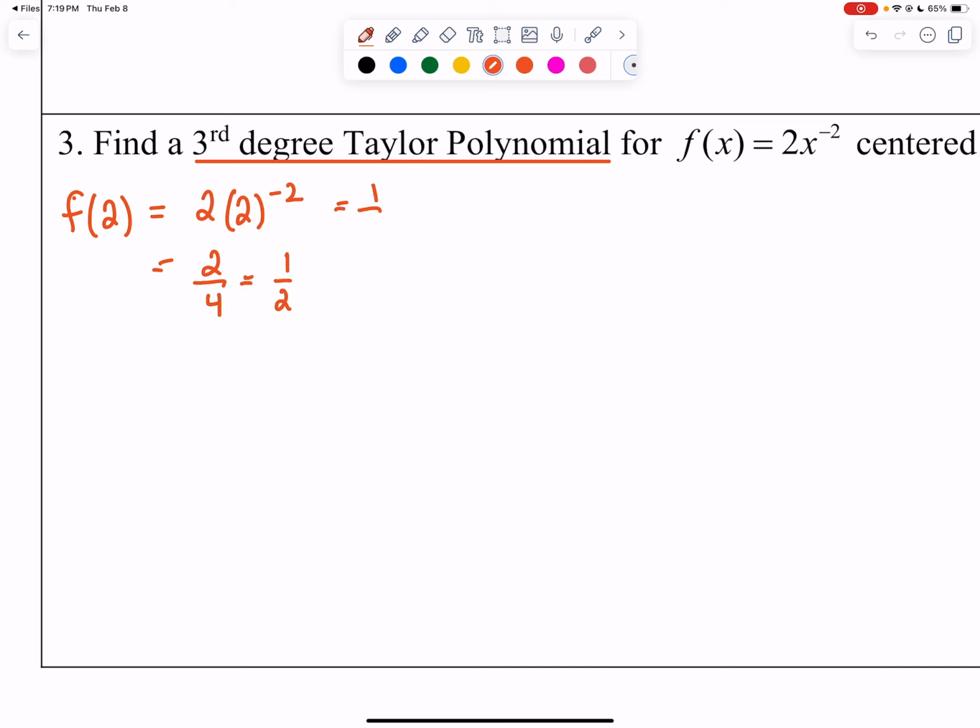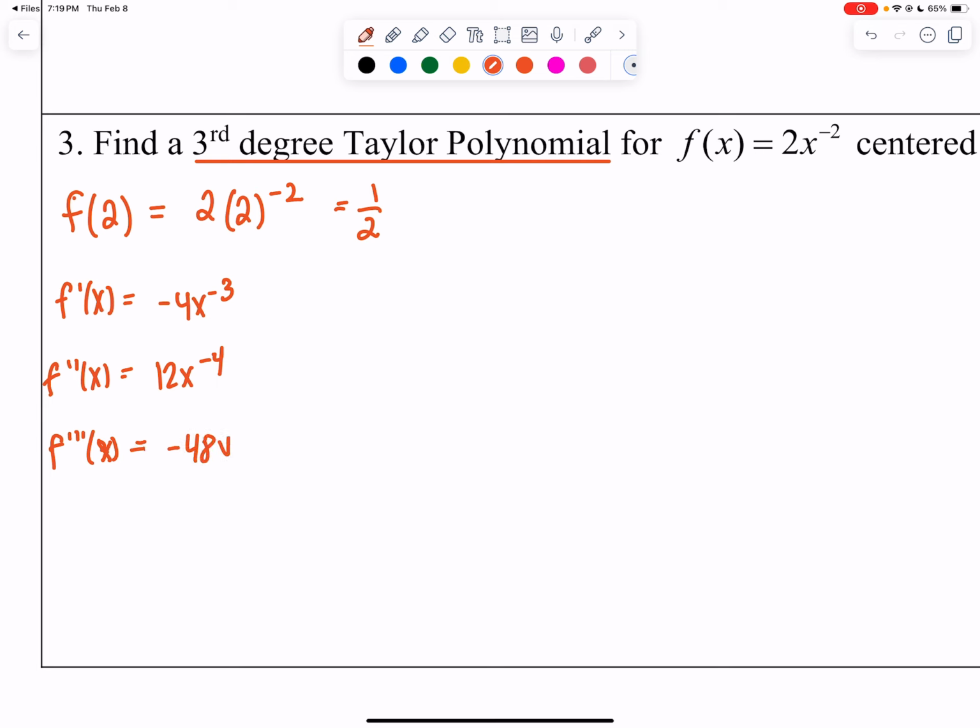So I'm going to need that. Next thing I need is my first derivative. That's going to be negative 4x to the negative 3. My second derivative is going to be 12x to the negative 4. And then my third derivative is going to be negative 48x to the negative 5.